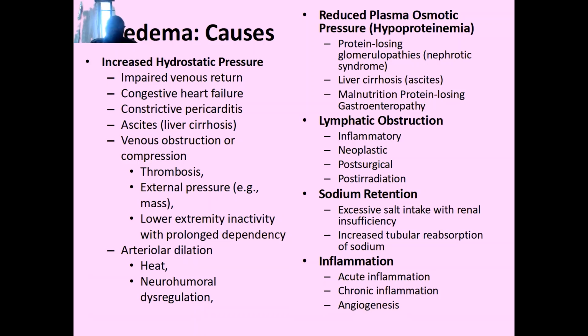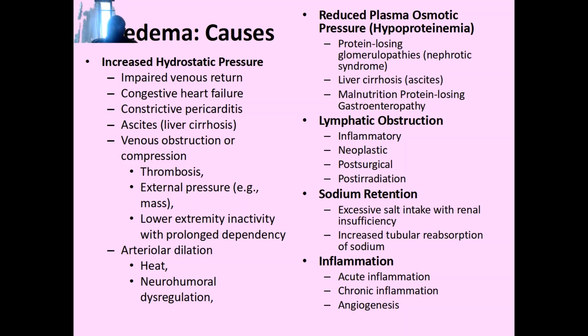Atrial dilatation, for example, in the heart, neurohormonal dysregulation. There is also another cause, which is reduced plasma osmotic pressure, for example associated with low protein in the body, that is hypoproteinemia.